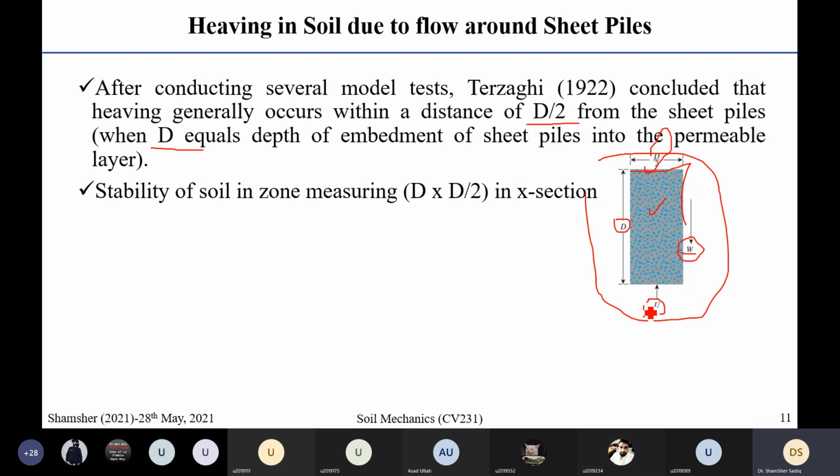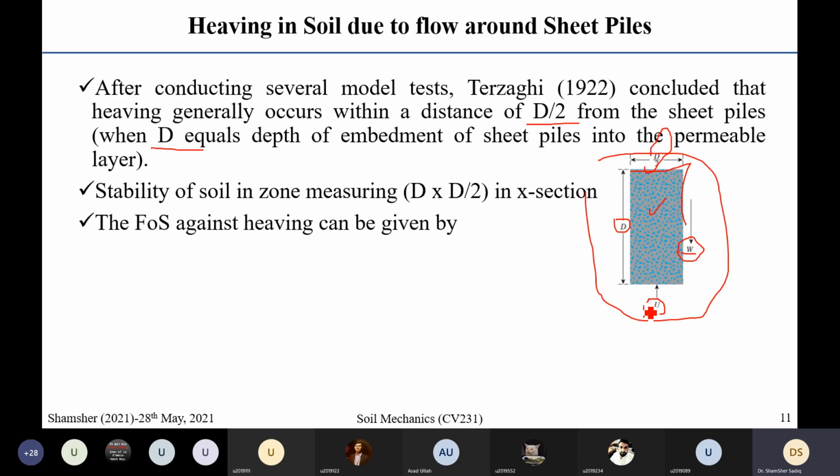Anyone else? This is the uplift force due to seepage, as Mehran said, but how to calculate that? What do we need? Flow nets, sir. Yes, very good. So you should say flow nets.